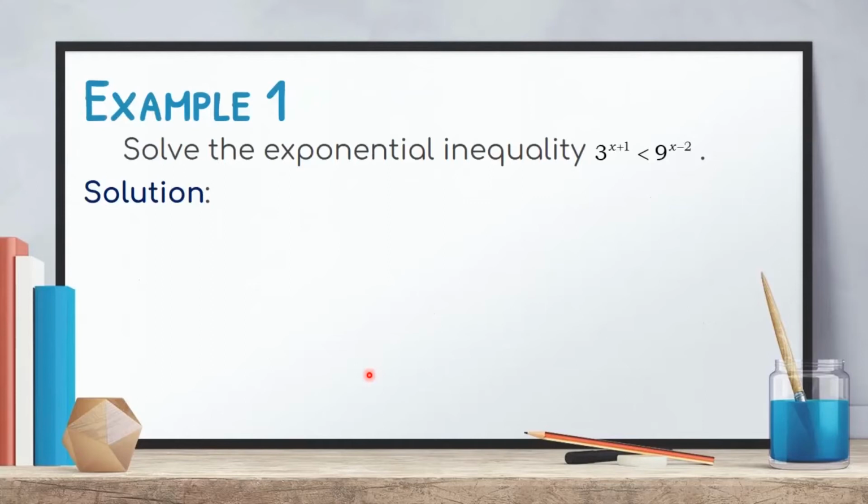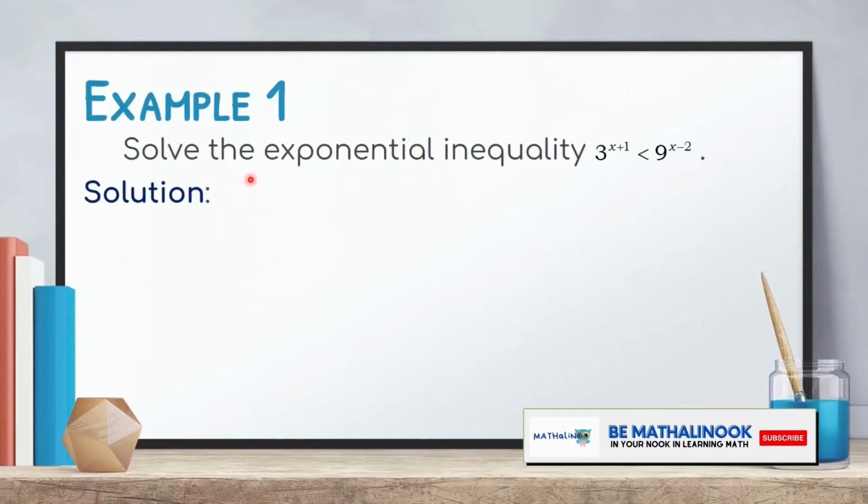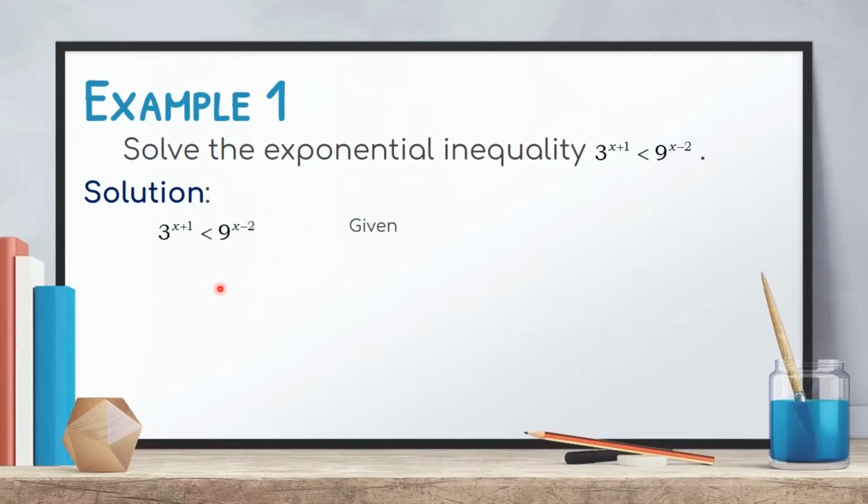Let us take an example. Solve the exponential inequality 3 raised to x plus 1 is less than 9 raised to x minus 2. From the given, notice that the bases are not equal. However, remember that 9 can be expressed with base 3 because 9 is equal to 3 squared.